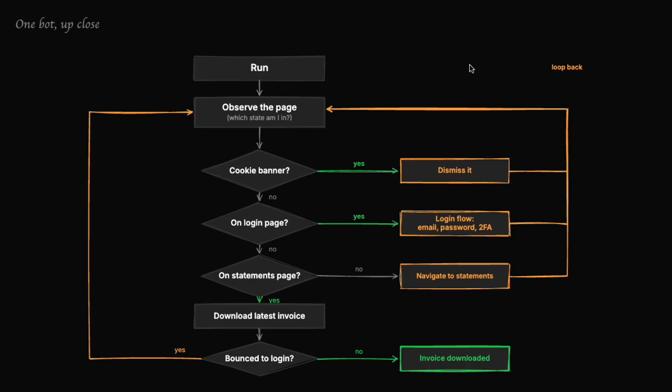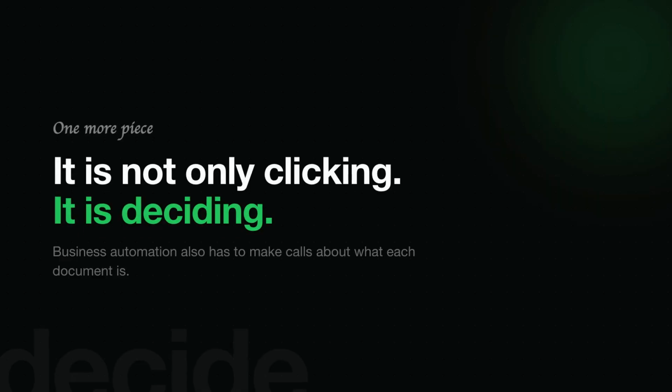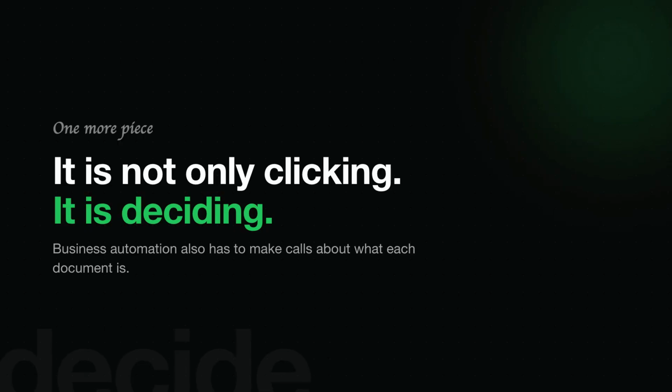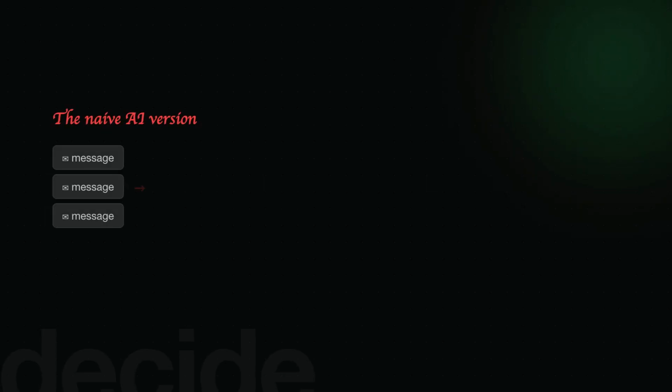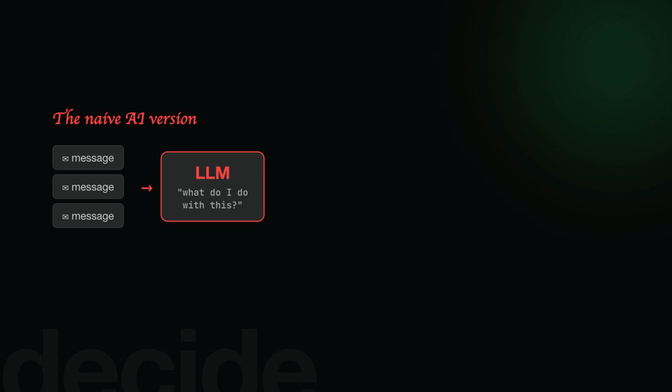The resilience with this approach exists in the code itself, not in a live AI agent trying to improvise its way through the account. There is one more piece, because business automation is not only clicking in browsers, it's also decisions. For this company, some invoices arrive through a Google group. The naive AI version would send every message to a model and ask, "What should I do with this?"